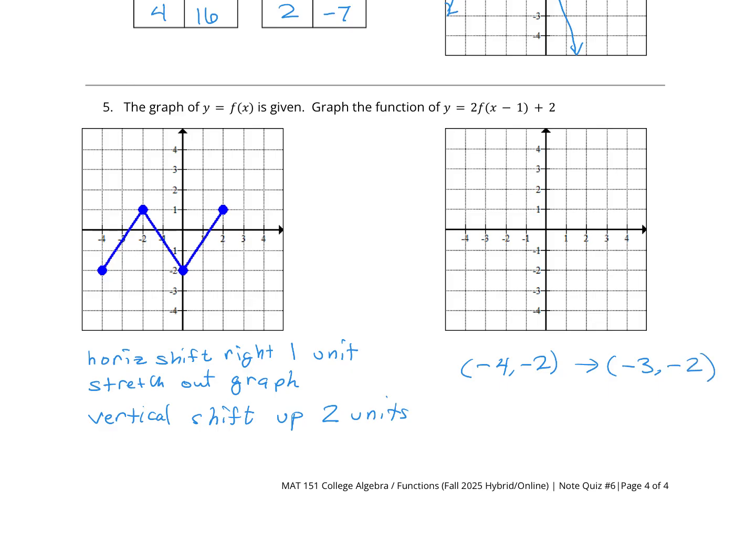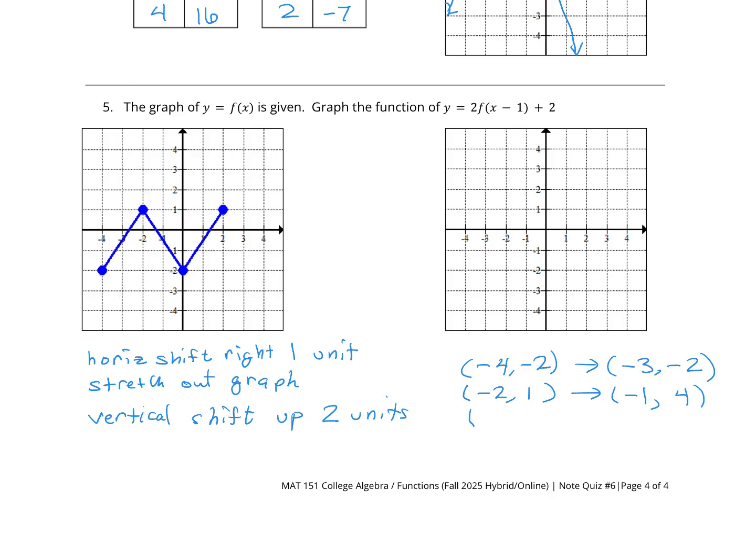So that's my new point. Now let's take the next point on the graph, which is -2, 1, and repeat the process. First, shifting it right 1 unit is going to make it move to -1 for the x. And then for the y-coordinate, I'm going to double it. So 1 times 2 is 2. And then I'm going to add 2 to that and get 4.